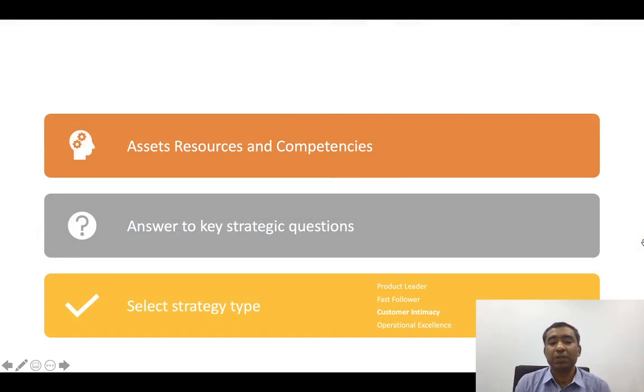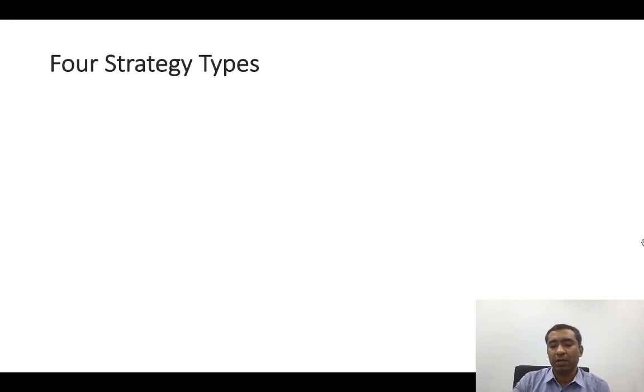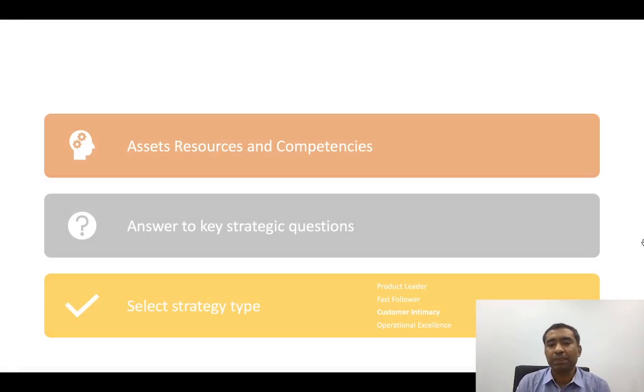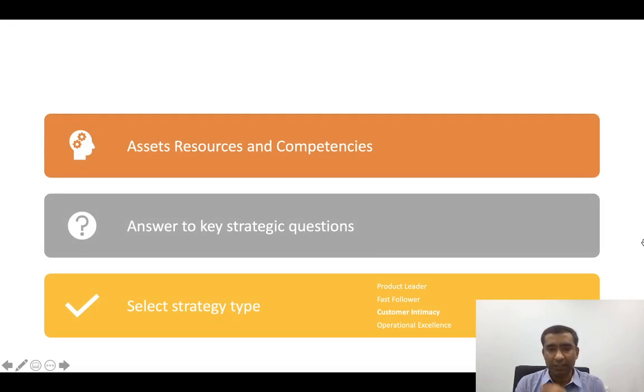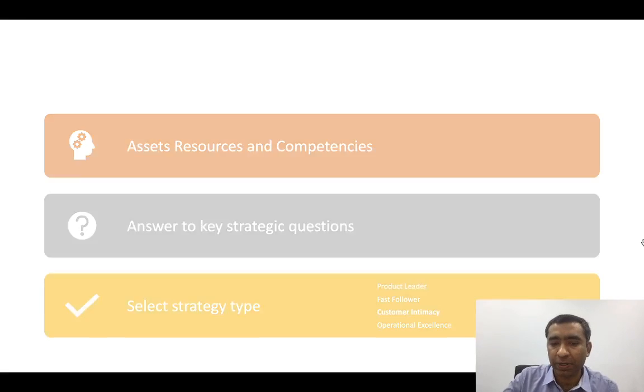Now let's move to the third point, which is very important, and this is where your class activity is also there: selecting the right strategy. Now there are different types of strategies available for companies to follow for their market strategy, but mainly these four strategies are product leader, fast follower, customer intimacy, and operational excellence.